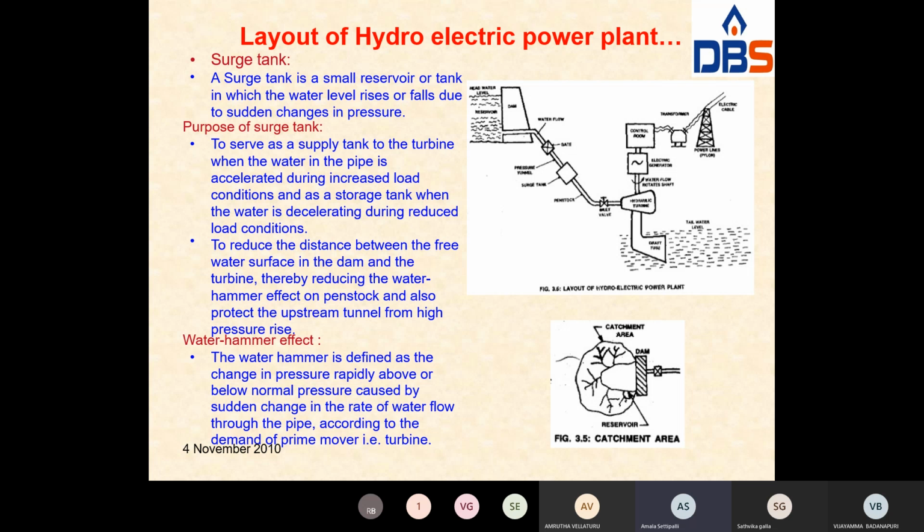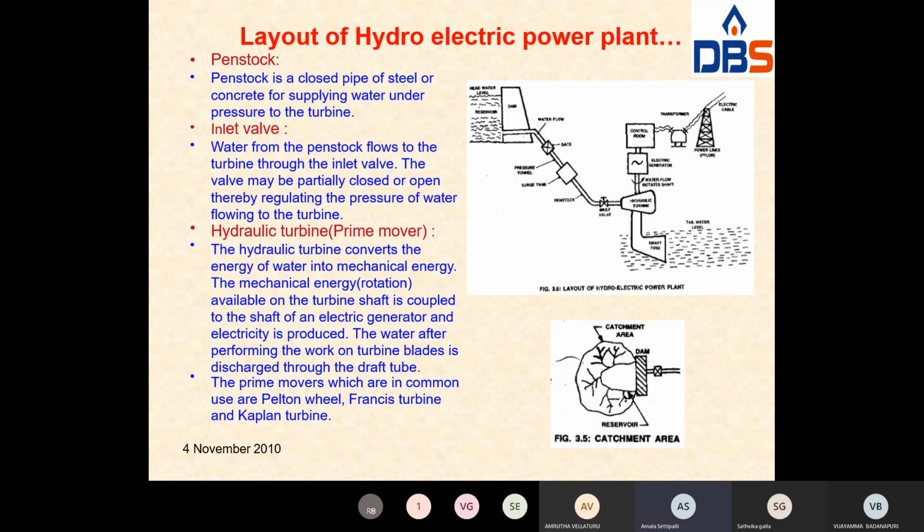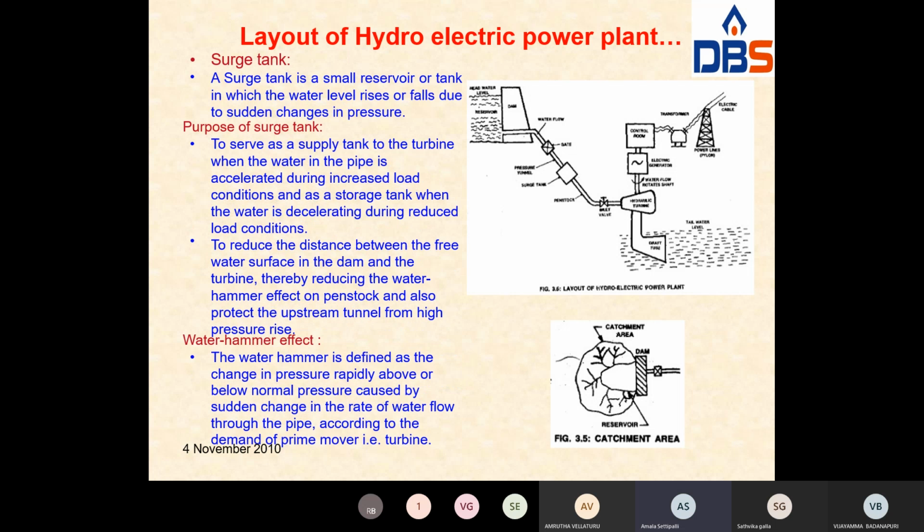That is nothing but the water hammer effect. To reduce that water hammer effect also... the water hammer effect is defined as a rapid change in the pressure above or below the normal pressure.